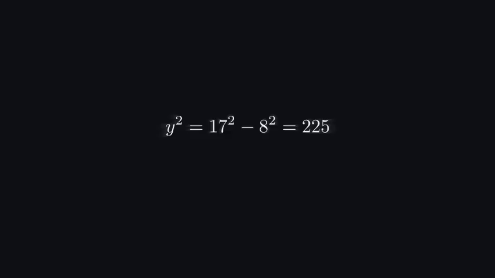Y squared equals 17 squared minus 8 squared equals 225. Y equals 15. Now, we can determine the tangent of x as 8 over 15.